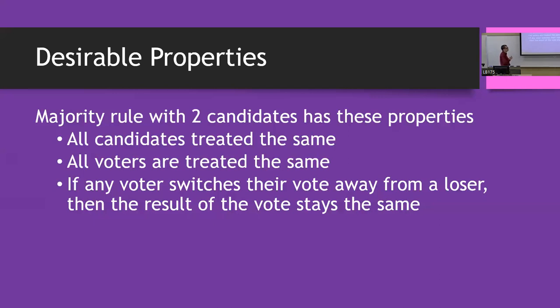So if you're a voter who voted for the losing candidate, yes, you may feel sorry that you lost, that it didn't go your way, but there's no thought in your head that if I would have switched, the result could have come out different. Does that make sense?